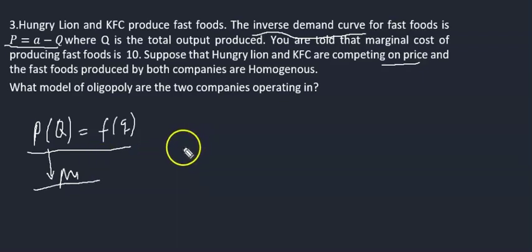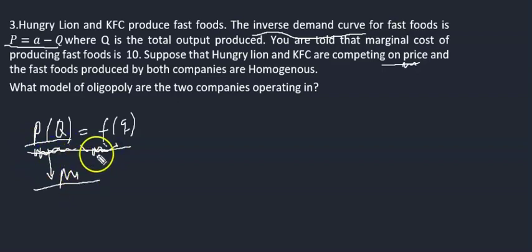If you remember, in the first question, we discussed that Bertrand firms compete on price, while in the Cournot, firms compete on quantity. That is the bottom line. So if we are not given information about competing on price or on quantity, we can use the inverse demand curve as an assumption that the price is given already.